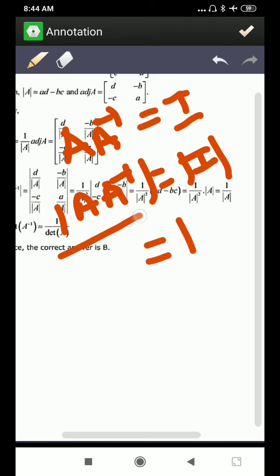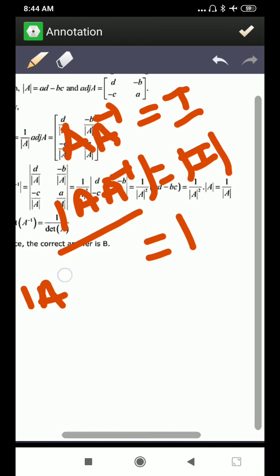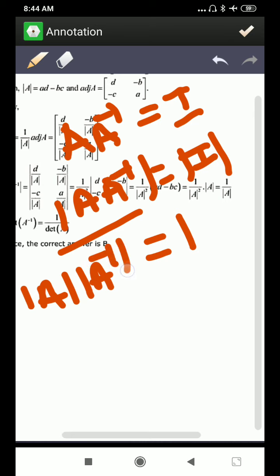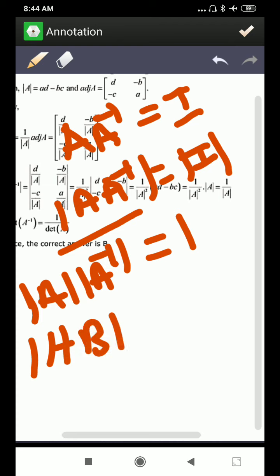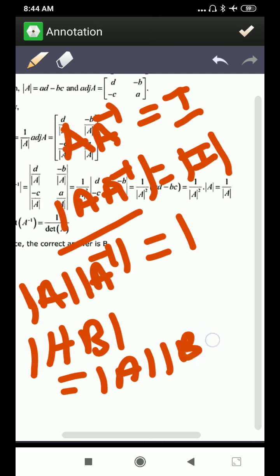And on the left side you apply the property: determinant of A into A inverse will become determinant of A into determinant of A inverse. This property I just explained in the previous question also. Because if you have to find determinant of A into B, it will be equal to determinant of A into determinant of B. So I'm using the same property. Clear?